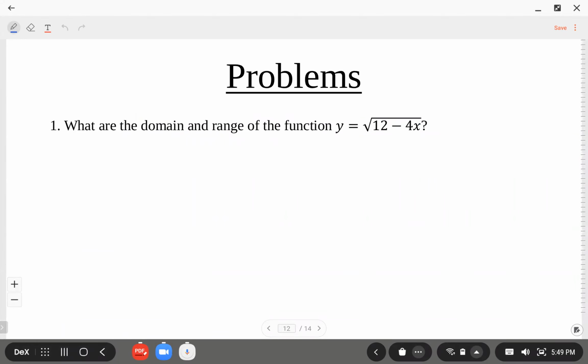So what are the domain and the range of the function y equals 12 minus 4x?